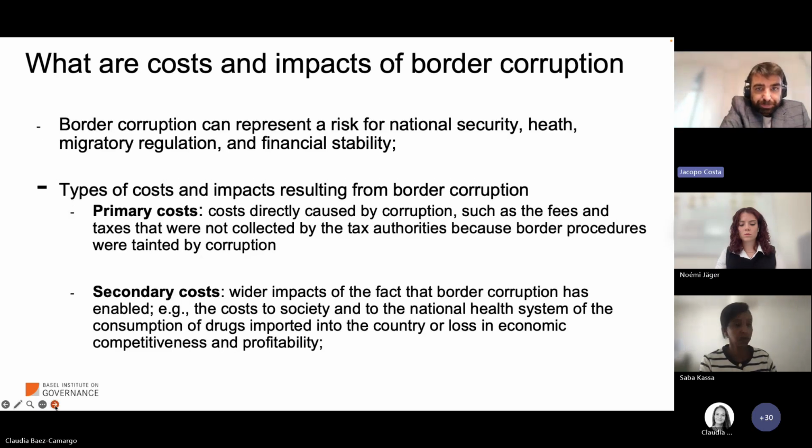Next, Claudia, please. As Claudia was introducing at the beginning, and this is very true, border corruption has a strong impact on our society and our country, and represents a risk for national security, for health, and can impact migratory regulation, or even the financial stability of a state. We can have different types of cost.